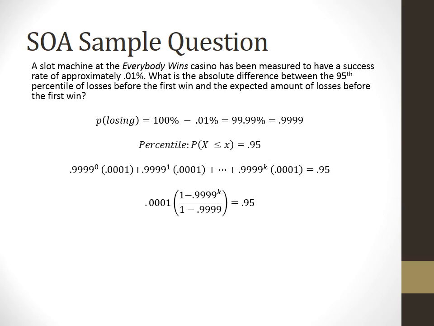Now it's going to be pretty easy to just solve for k, which we will get to be about 29,956. And then going back and applying our expected value formula, where it's (1 minus the success rate) over the success rate, is about 9,999.